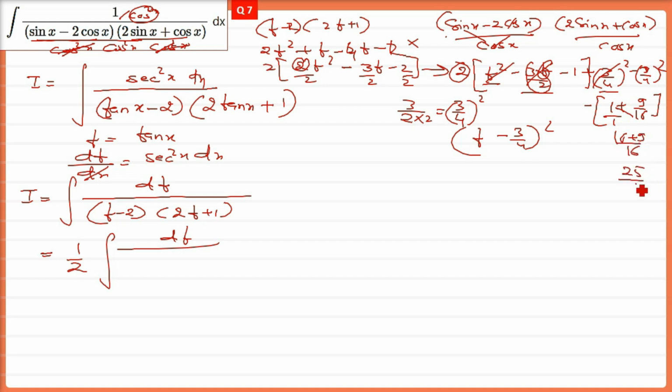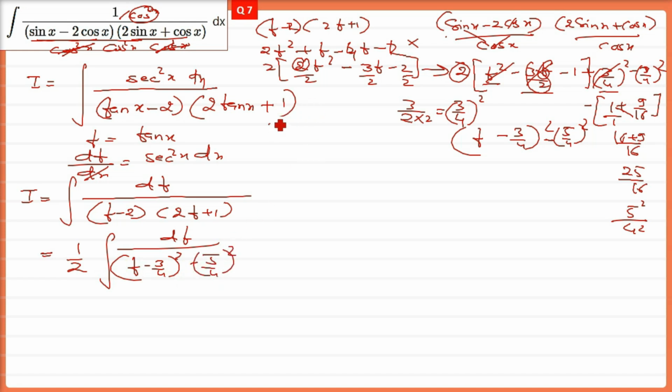And this 25 by 16 is a perfect square by itself, 5 square by 4 square. Now we can write it here, minus 5 by 4 whole square. Whatever we have done is just to make the denominator a perfect square.